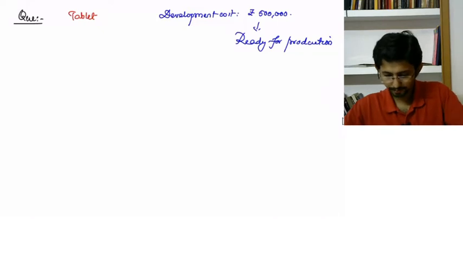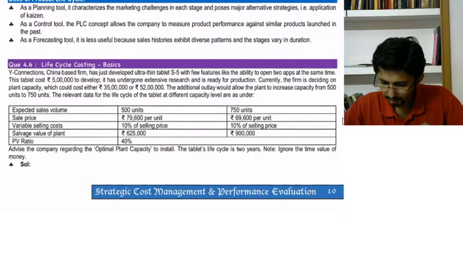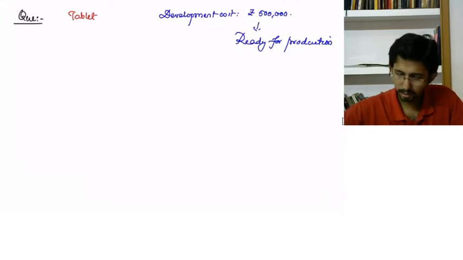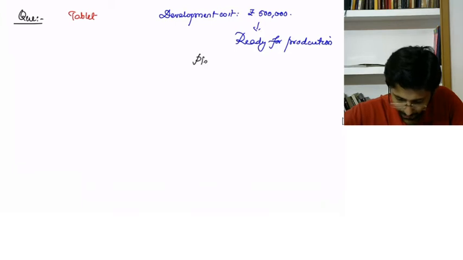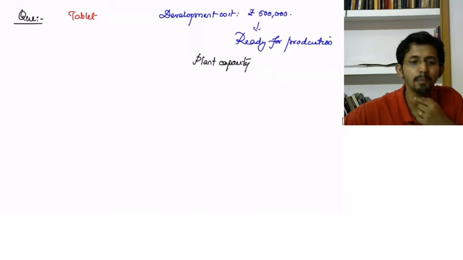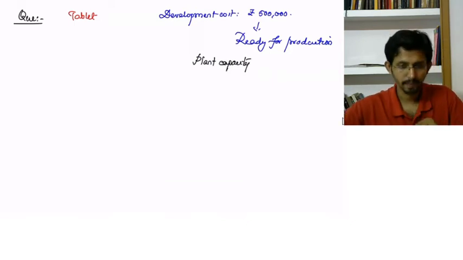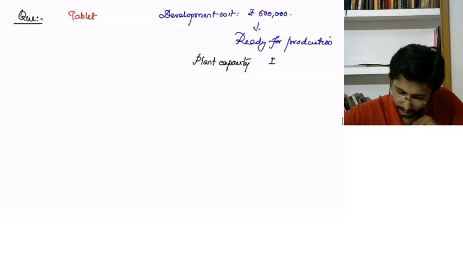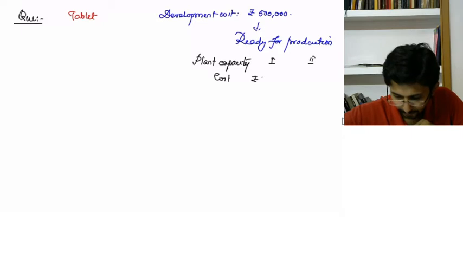Now what else? Currently the firm is deciding on plant capacity, which could cost either 35 lakhs or 52 lakhs. Okay, so the company currently has to take a decision with respect to the plant capacity. Plant capacity means how many units should be produced. And there are two options, option 1 and option 2. Option 1 will cost around 35 lakh and option 2 will cost 52 lakh.